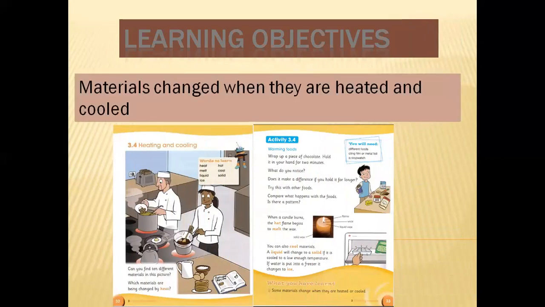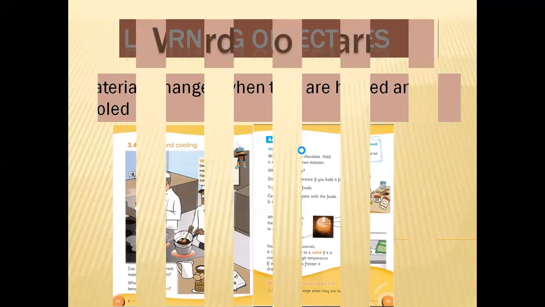In this lesson, we are going to learn that materials change when they are heated and cooled. What happens to the material? There are some materials that change their shapes when we heat them or we cool them.